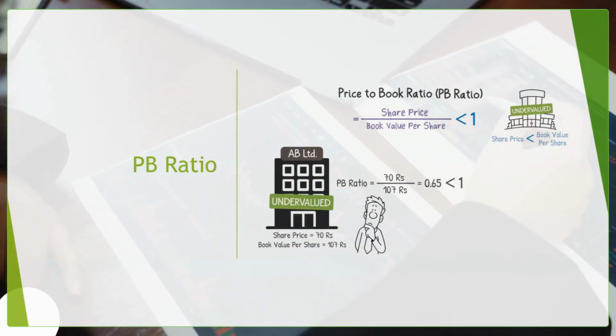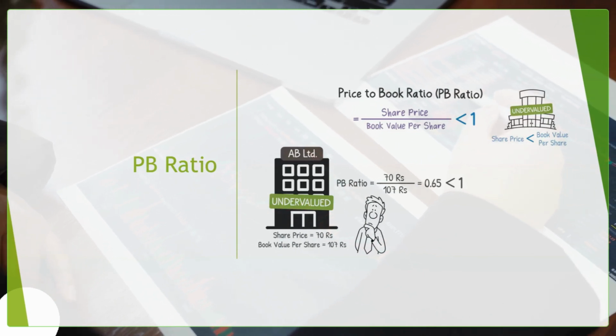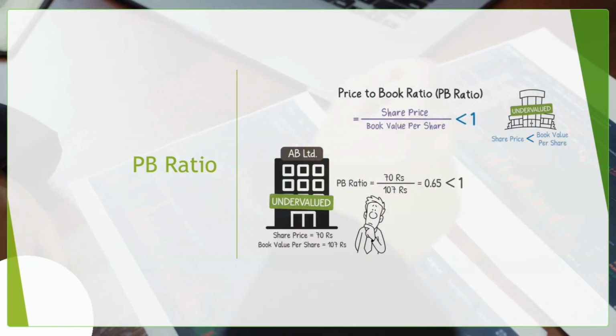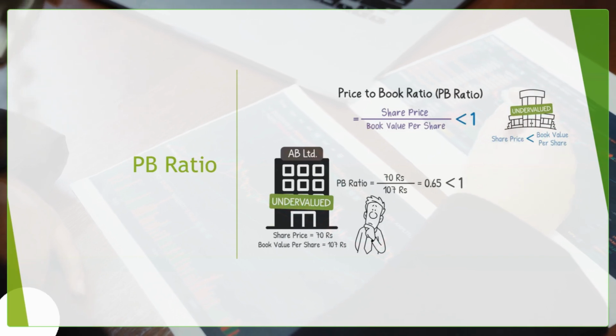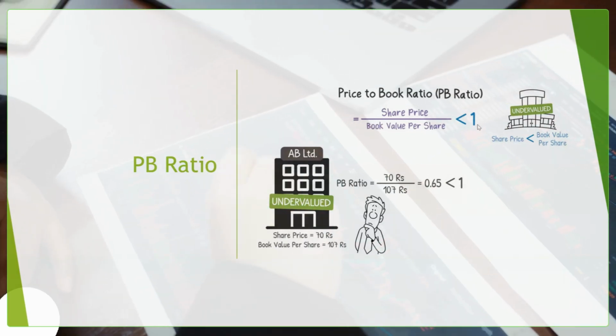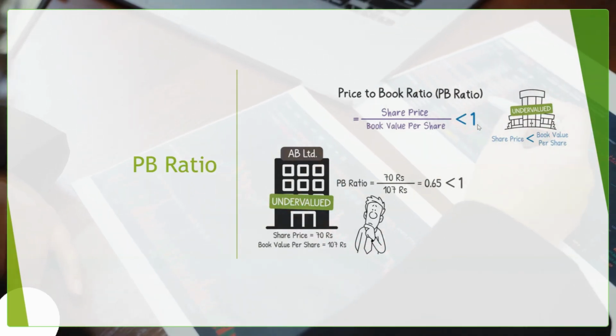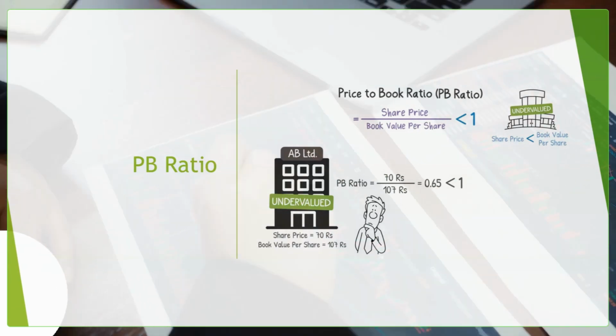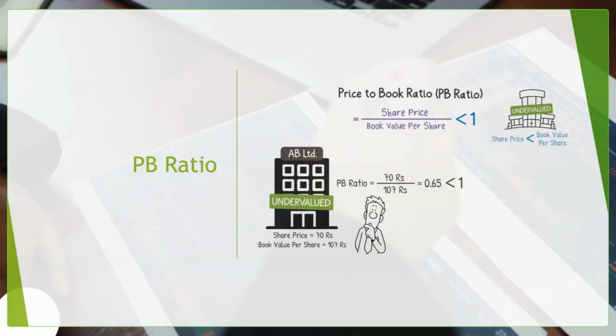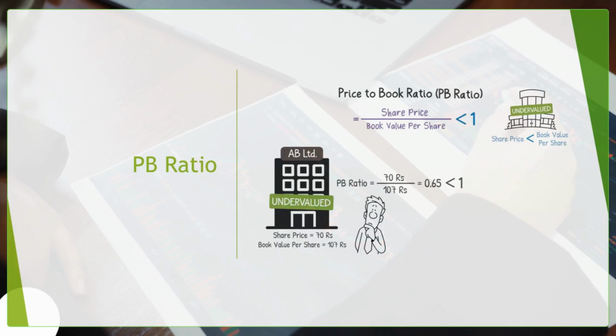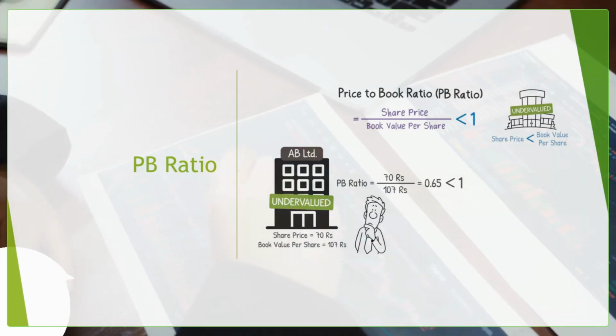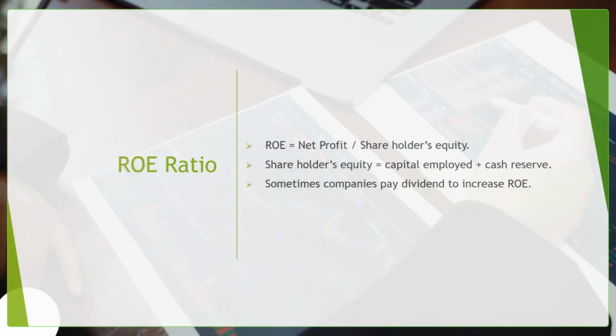Mostly you will see companies trading at a PB ratio higher than their book value. Any company with a PB ratio below one is considered undervalued, as it might be available at a cheaper price, and any company with a higher PB ratio is called overvalued. You should understand undervalued and overvalued.